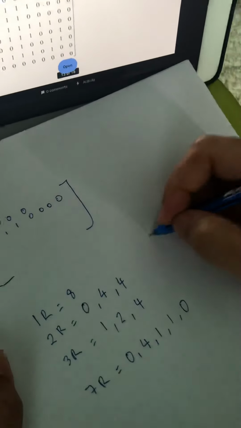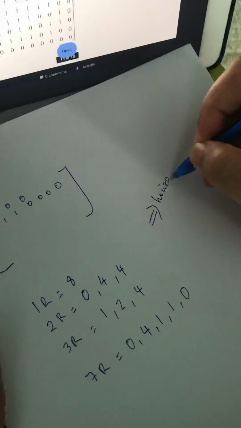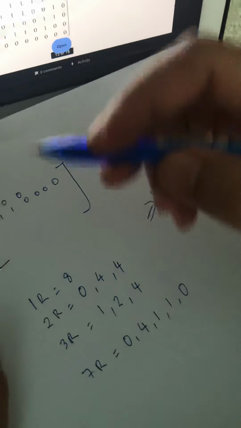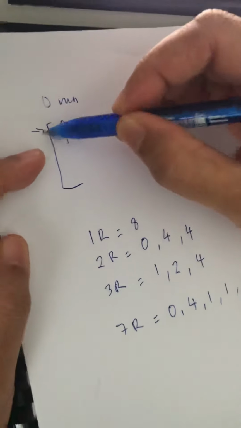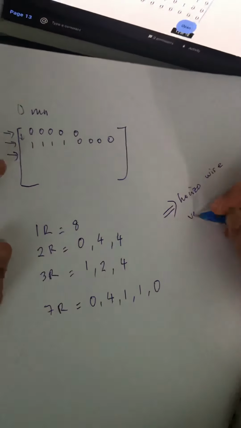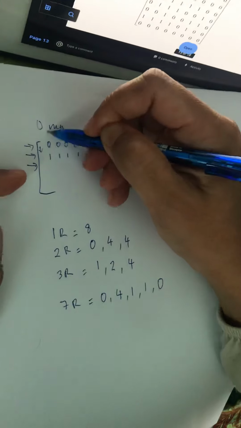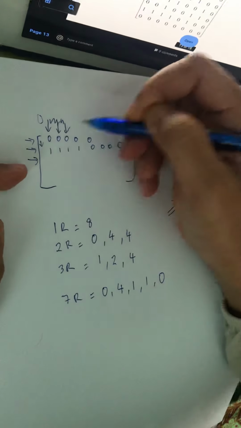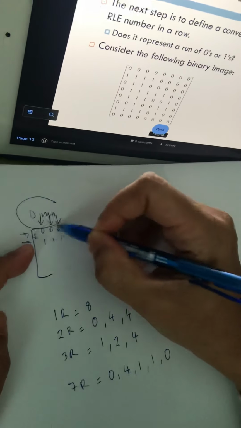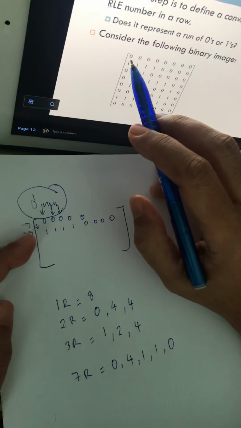So this example is for the horizontal way, where you will count row by row. If it is vertical, then you will count column by column. So for example here, if we're still on the 0 run, then you will search for the 0 count first.